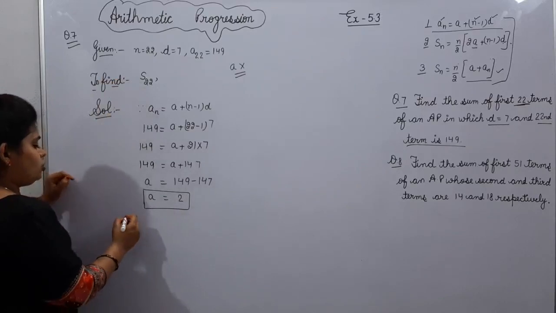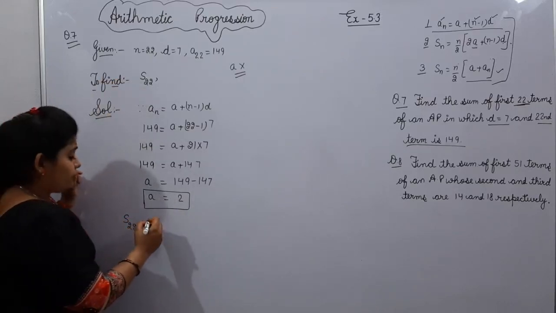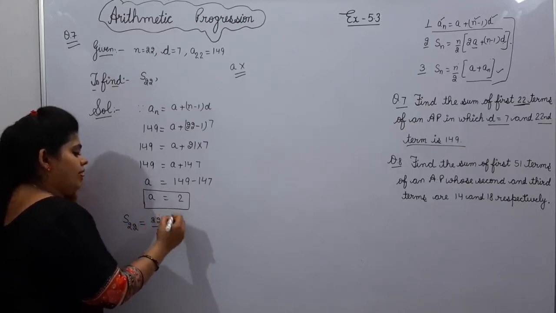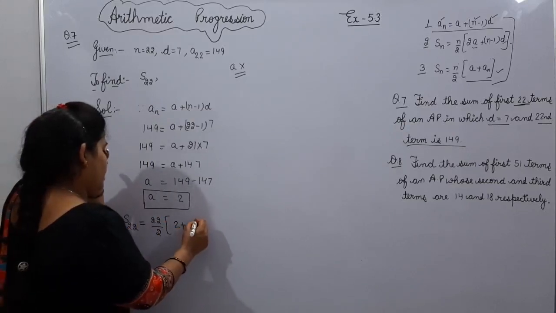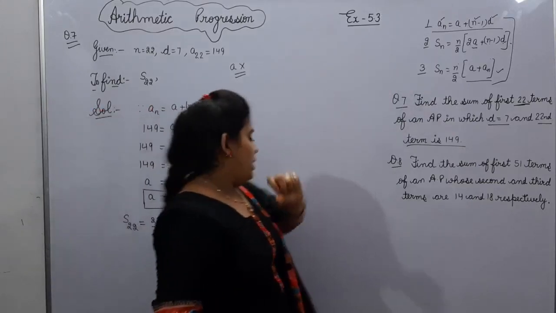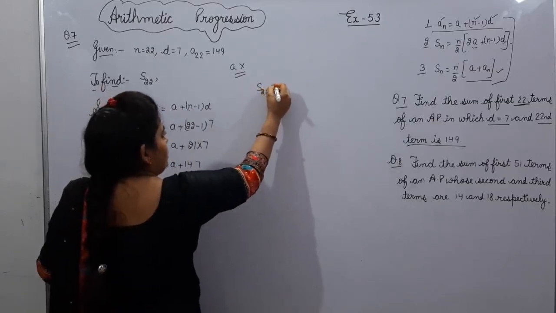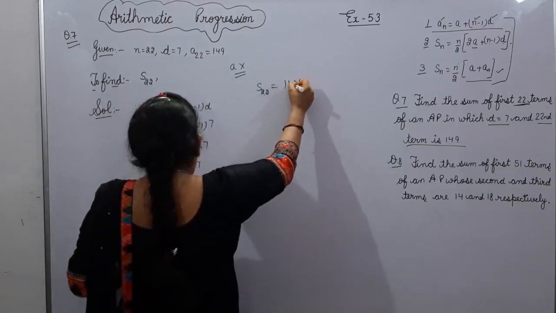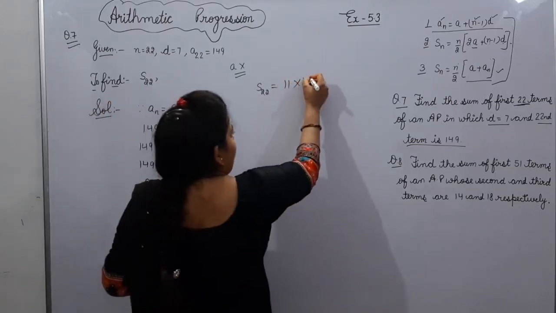Now S22 we have to find. S22 will equal 22 by 2 into a plus an. an is 149. I am using the third formula here. So S22 will equal 22 divided by 2, which is 11, multiplied by 149 plus 2, that is 151.